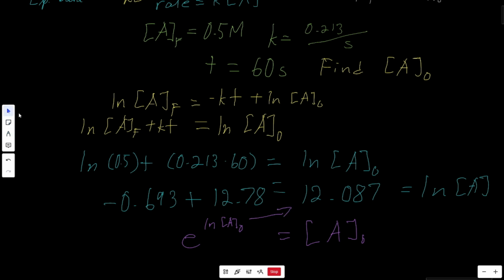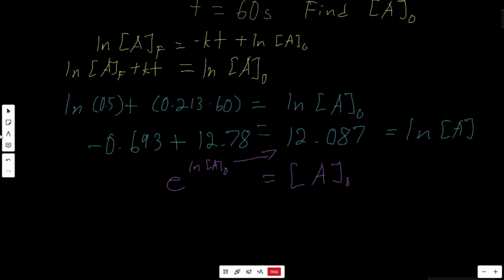In other words, all we have to do now is find e on our calculator and raise it to the power of 12.087.